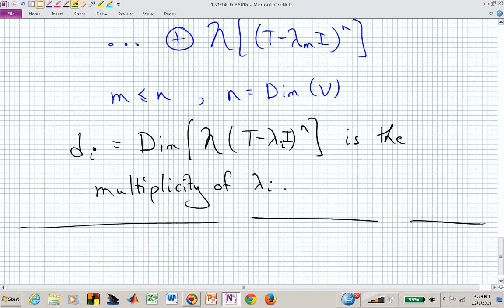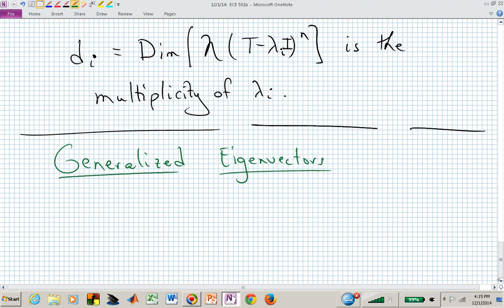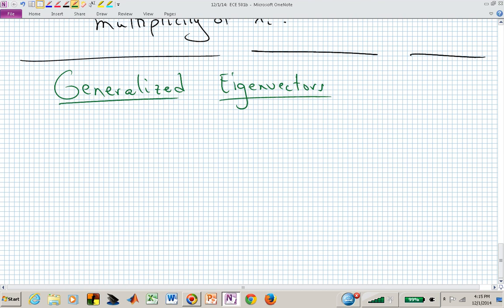We may not then be able to diagonalize these operators, but what we can do, and that's because we don't have a complete set of eigenvectors, what we will be able to do is create what are called generalized eigenvectors, so that we can nearly diagonalize these operators.